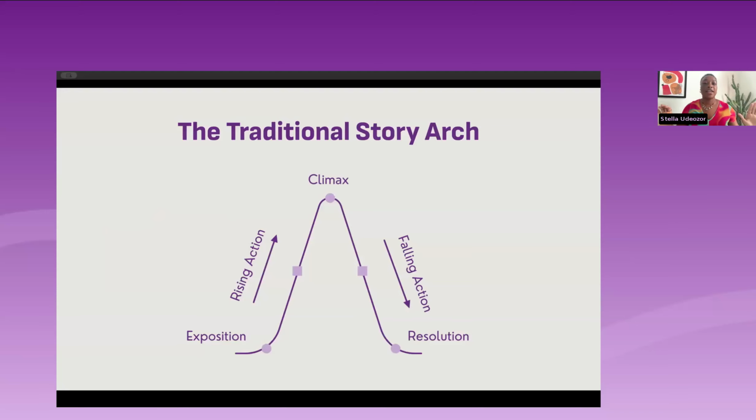All right, so this is the traditional story arc, right? You have the exposition, so you have time to establish your characters, you build affinity towards the characters, and you get people to actually care about the character at the beginning of the story, right? And you have your rising action, and you don't need to get to the key point or the most dramatic or the most effective part of the story or the conflict of the story until you reach the climax.